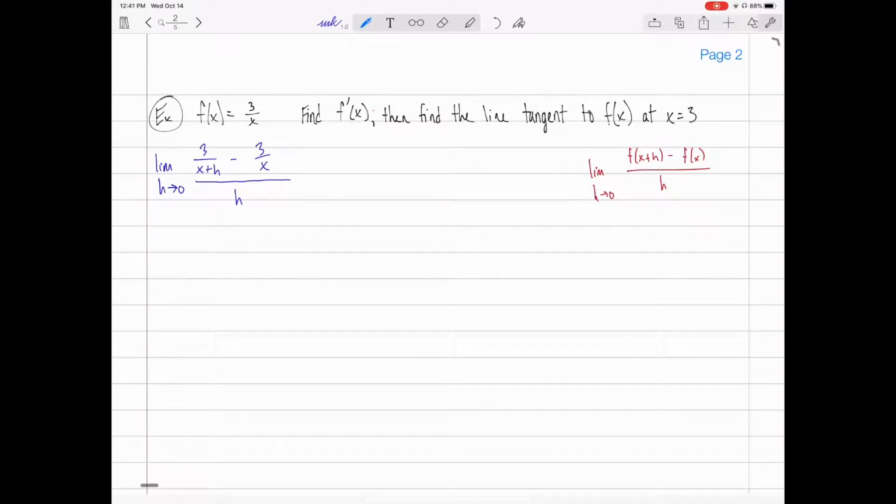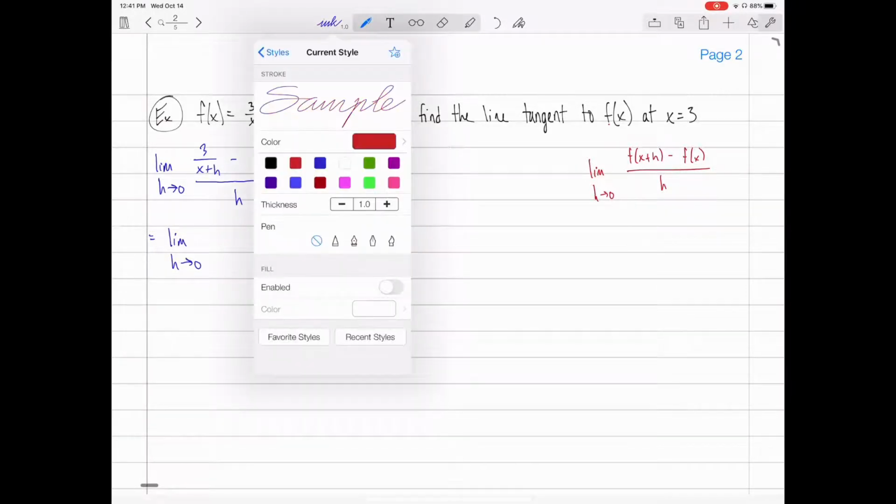So again, like most of these sections, this is an algebraic exercise. So in the numerator, we have to have a common denominator. That common denominator is x times x plus h. So I would have the limit as h goes to 0. I will show this.